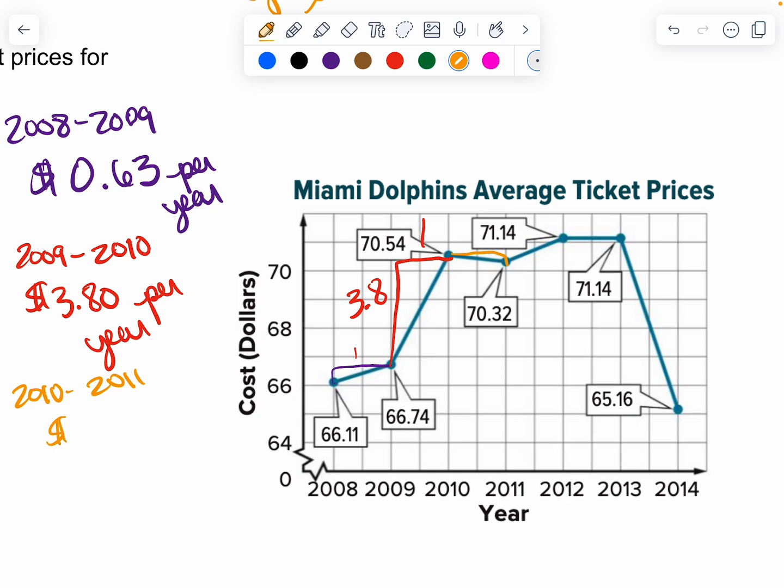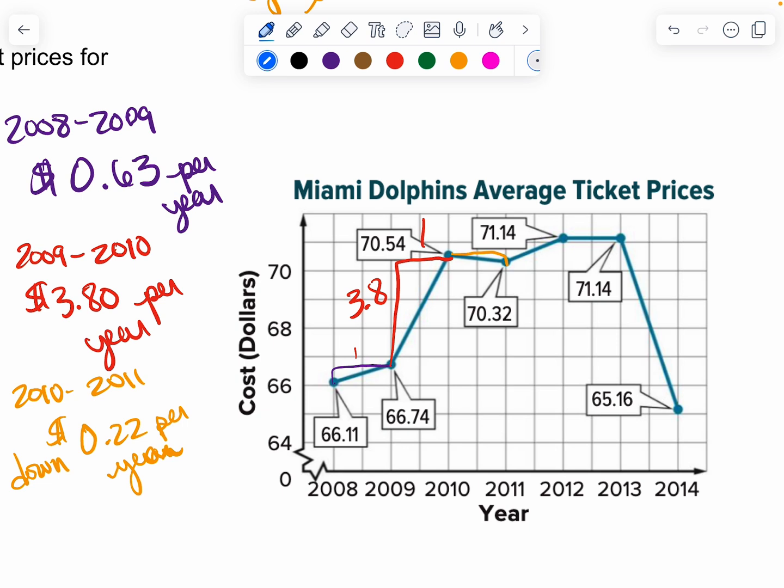So their prices went down by 22 cents. I should say in 1 year. Okay, let's see.